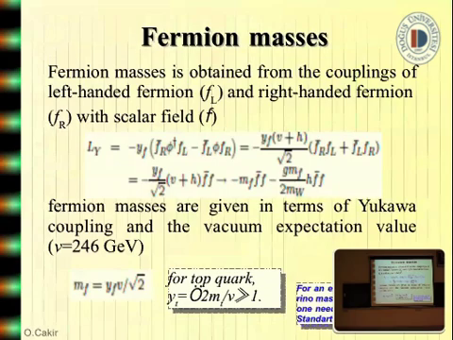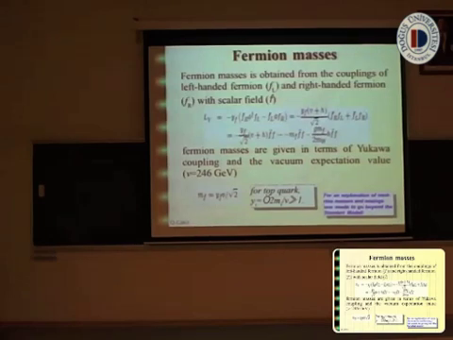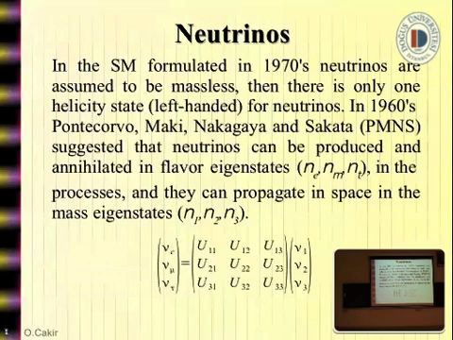Fermion masses are from the Yukawa couplings written here, the Yukawa interaction terms. There is a vacuum expectation value and the Higgs field here. It also gives the interaction between the Higgs and the fermion fields.